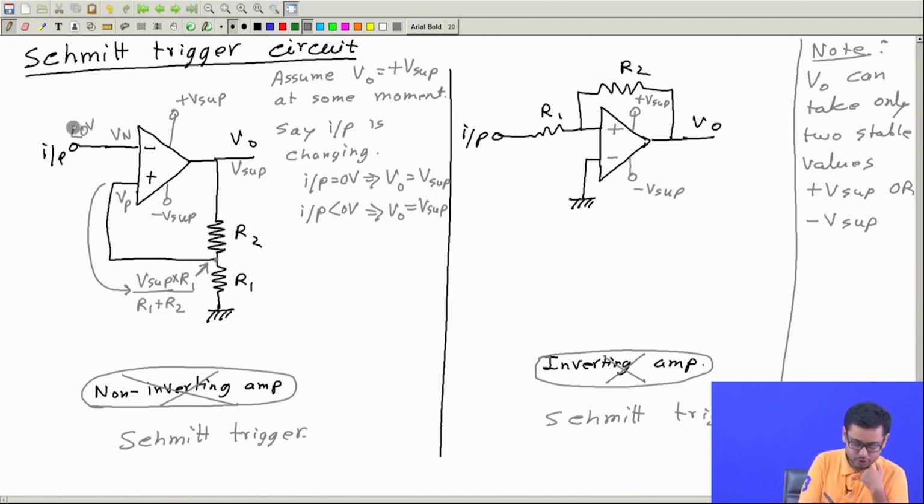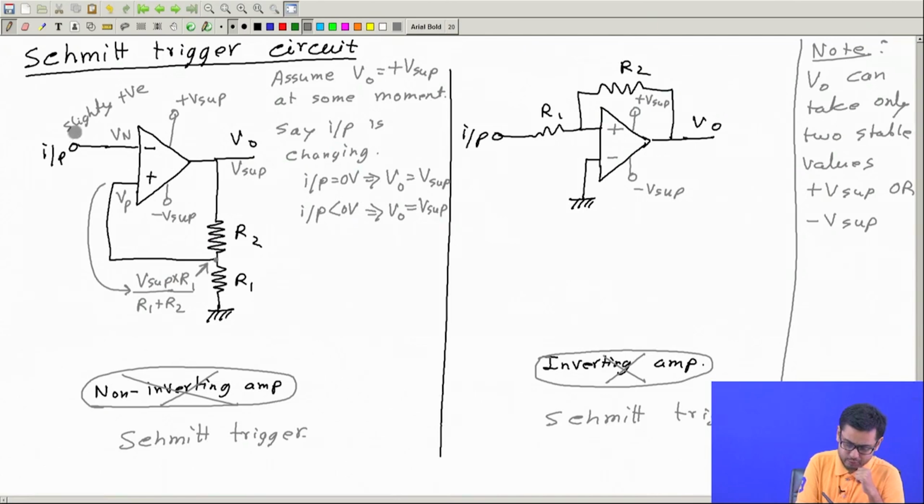If I make the input, say, slightly positive, then what will be the output? This is positive, but this is slightly positive, and so if this is more positive, the output will be still positive, because as long as this is at higher potential, the output will be positive, right. So, if input is slightly positive, output will remain at V supply, will not change.